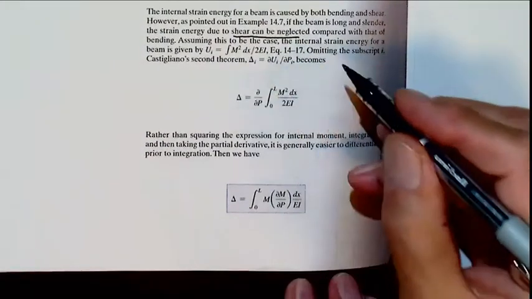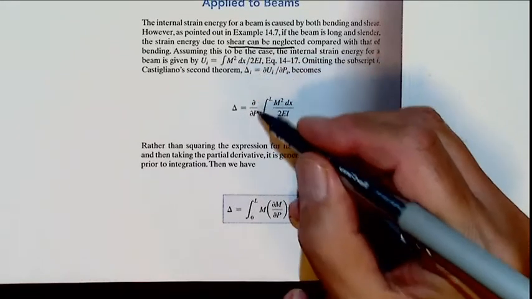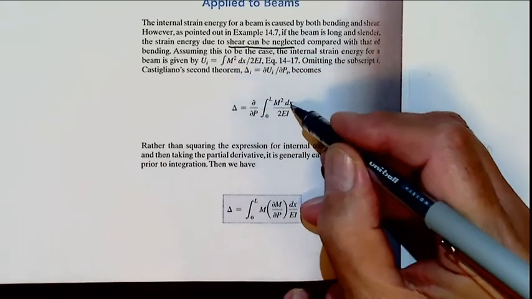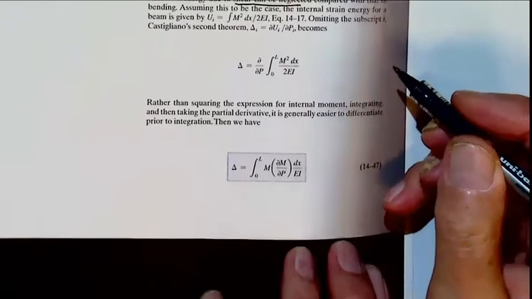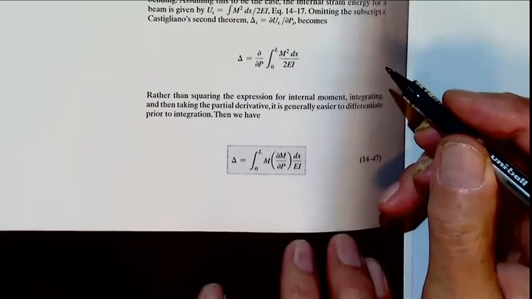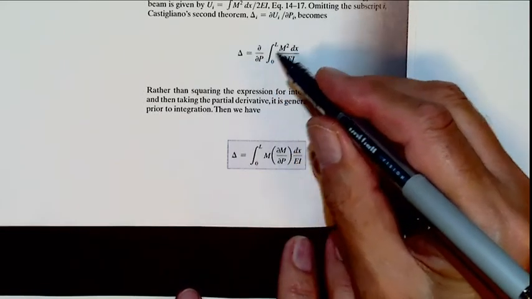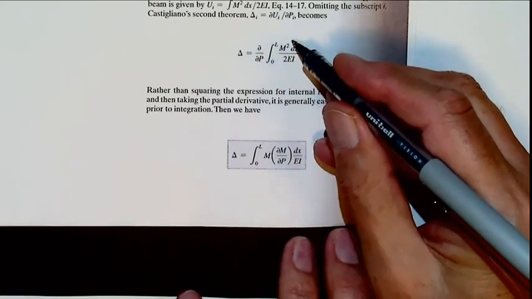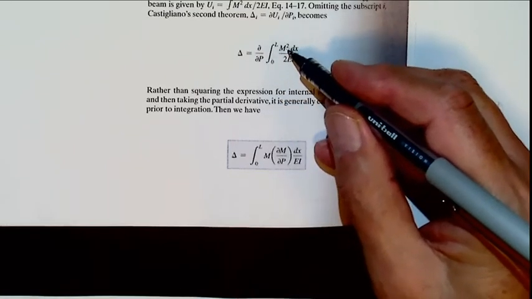Now, if I do the derivation, it will be d dP of the integral of M squared dx over 2EI. Okay, we don't need to square first and then differentiate. We can differentiate the square.